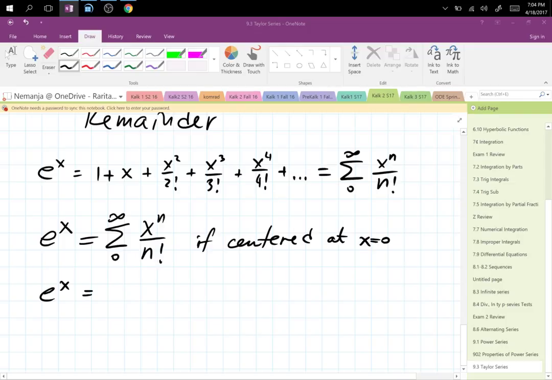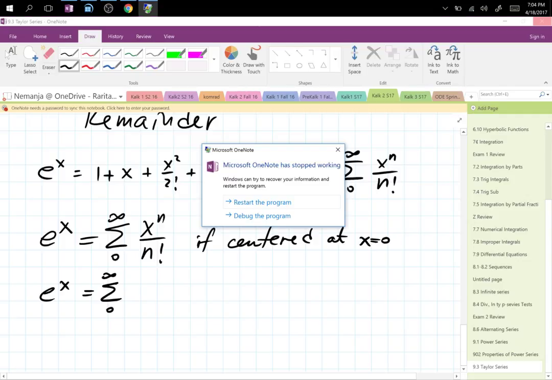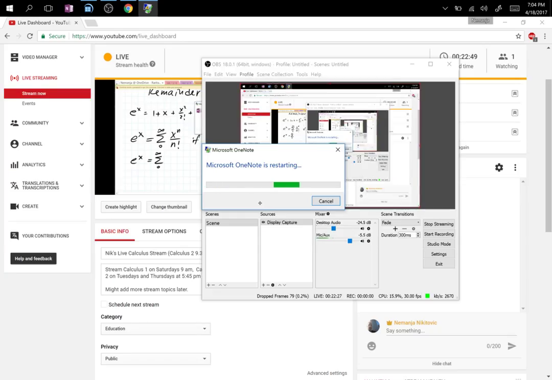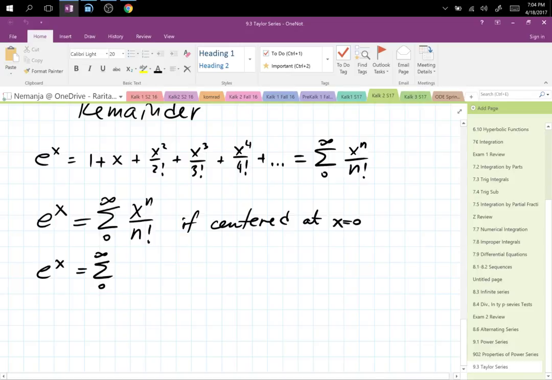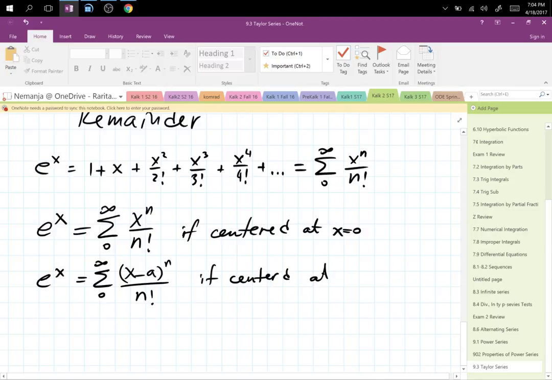Or e to the x is the summation from 0 to infinity of x minus a to the n over n factorial if centered at x equals some number a.